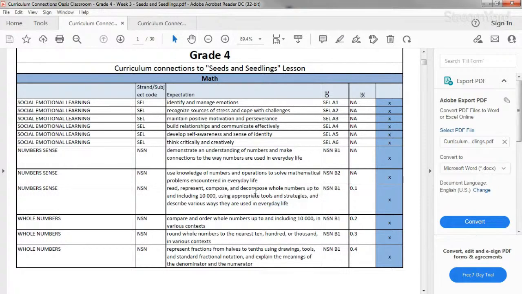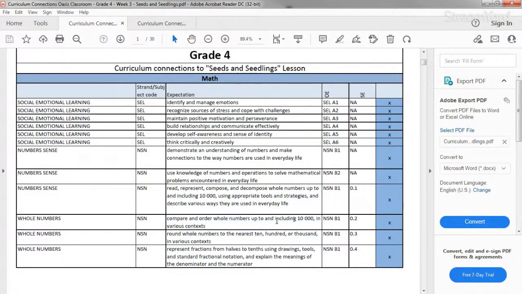To do that, you would need some sort of tool, right? Sometimes you use math sheets, and sometimes you use actual physical blocks and things like that. Sometimes you use seeds and seedlings, for the practical life aspect of teaching math. Let's say that we are talking about comparing and ordering whole numbers up to and including 10,000 in various contexts.